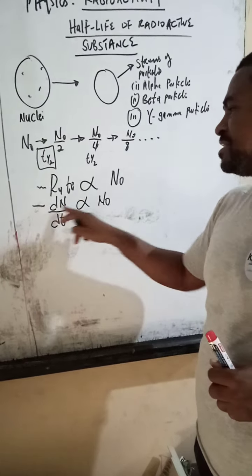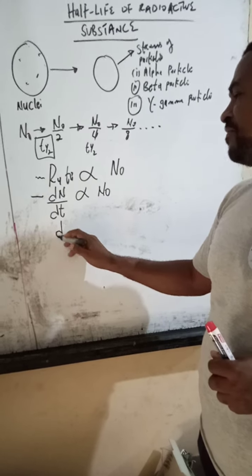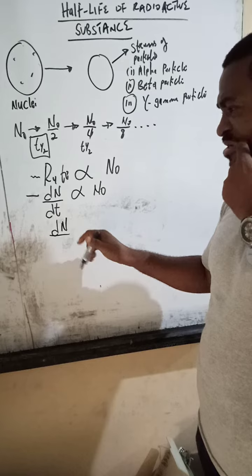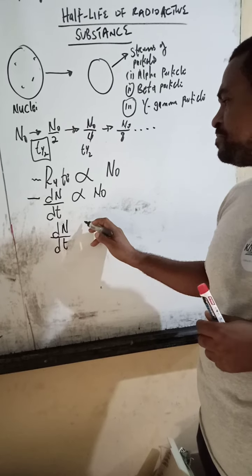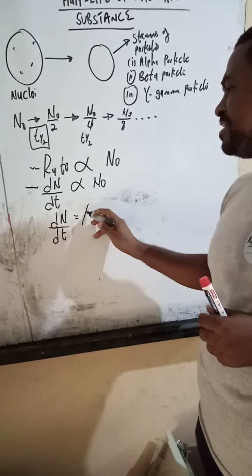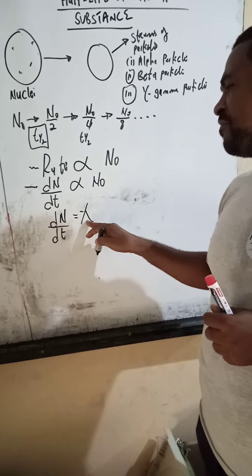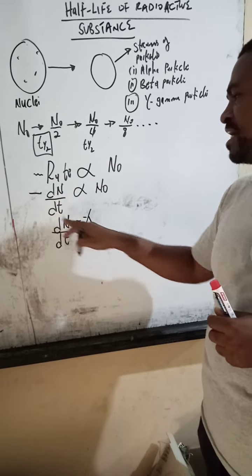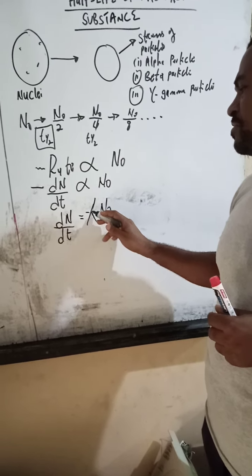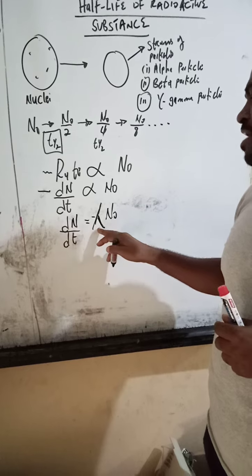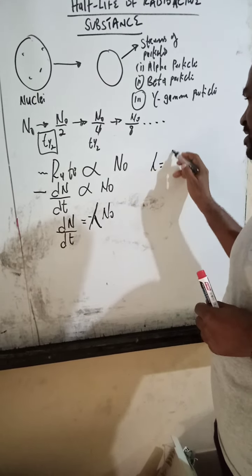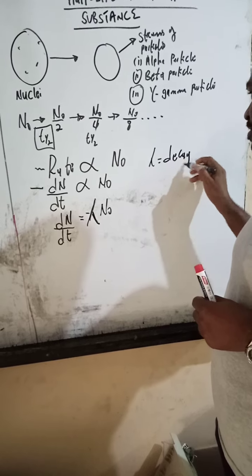So I can take this negative to this side, then I have the changing number of radioactive substance divided by changing time. Then this proportionality sign, if I remove it, I can have this particular symbol of proportionality. I take this minus lambda to this side, then N naught. And this particular one is the radioactive decay constant. It is called the decay constant.